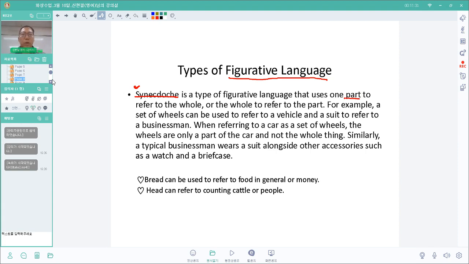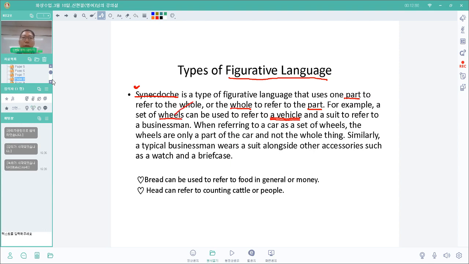When you only want to mention small part of item, you can refer to that item by referring to the whole thing. So for example, let's say that you want to refer to a vehicle. Instead of you say, oh, there is a vehicle, there is a car, there is a bus on the street, you can say, oh, there is a set of wheels.